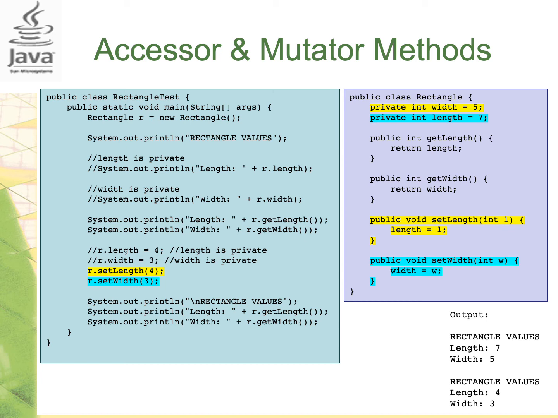The mutator methods are public void setLength(int L), where int L is the new value of length that the user wants to have. As what we have learned about methods, the parameter can be called anything. We can use int length instead of int L. Within the setLength method, we must write length equal to L.